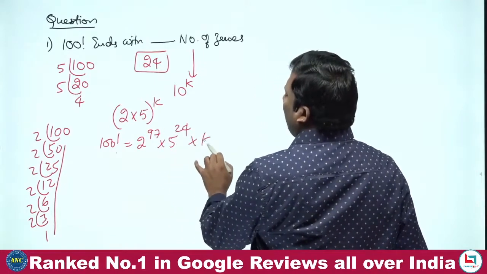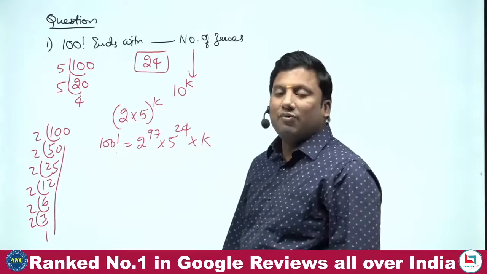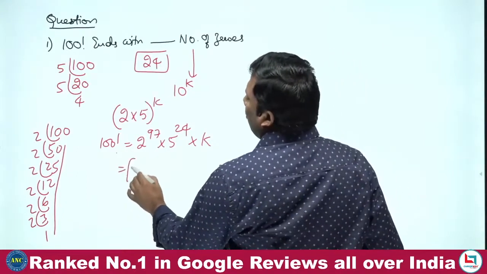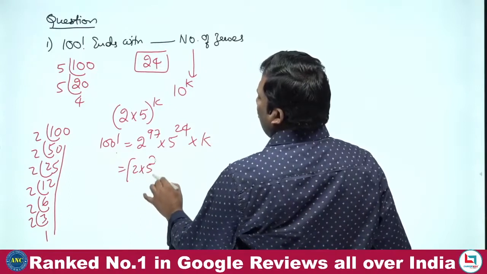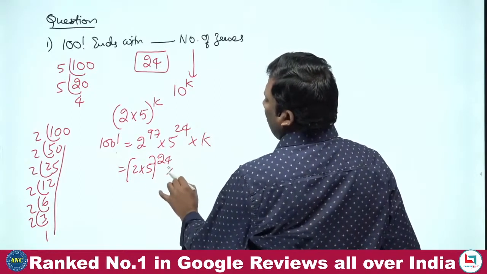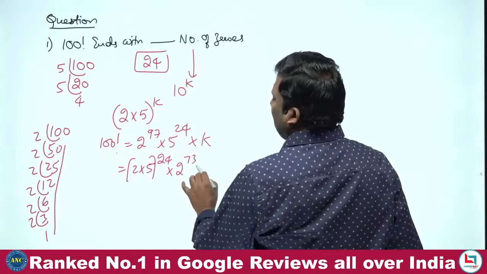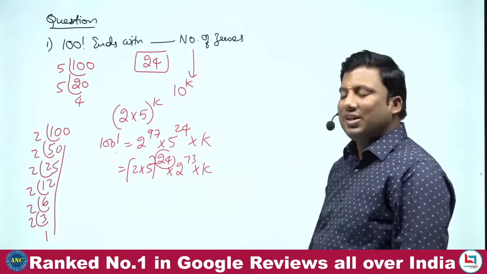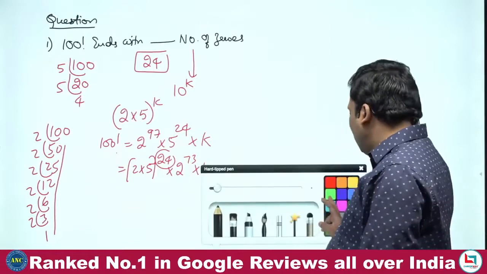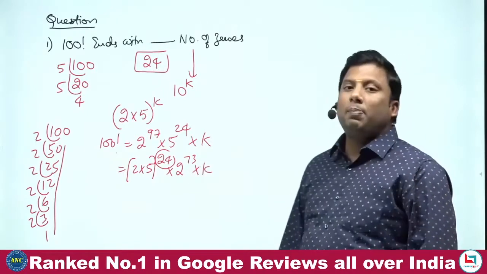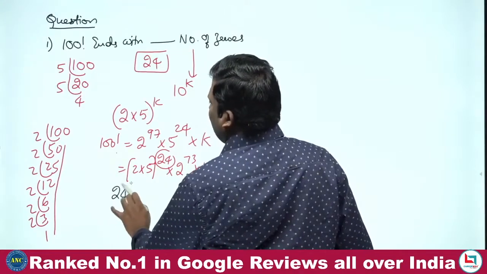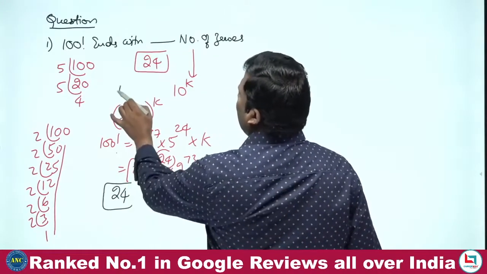The remaining are powers of prime numbers from 1 to 100 except 2 and 5. I want (2 into 5) power k. So (2 into 5) power 24 into 2 power 73 into k. 10 power 1 will give 1 zero at the end. 10 power 2 will give 2 zeros at the end. 10 power 24 will give you 24 zeros at the end.